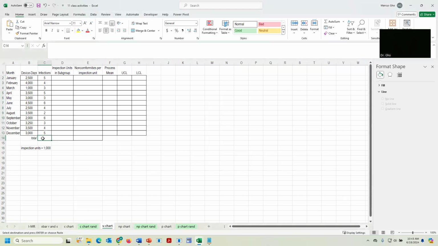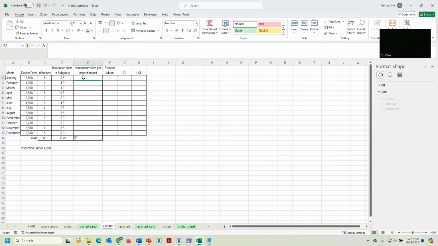So I'm going to put a couple things in here. We're going to sum everything up here with these totals. And for this one, I'm going to take this number, device days, divide it by 1,000. That way, remember, we're looking at units per 1,000.